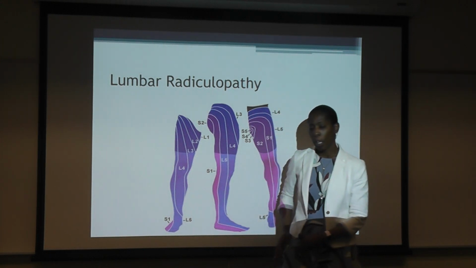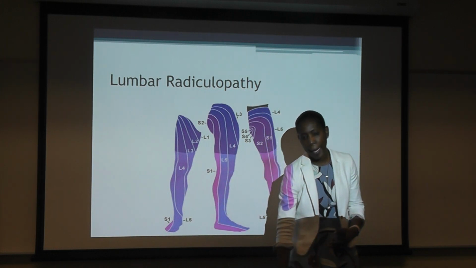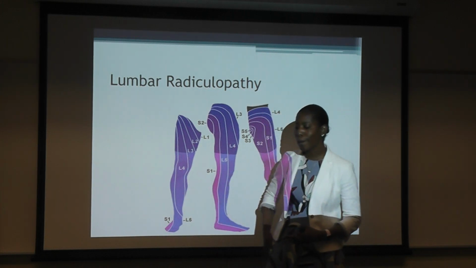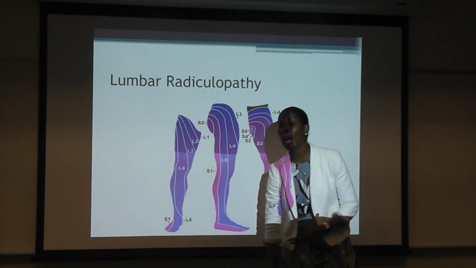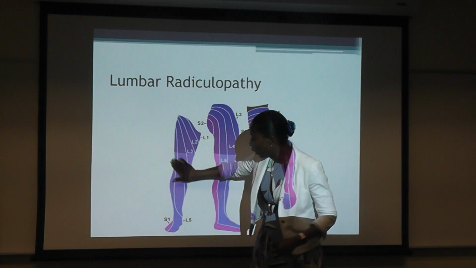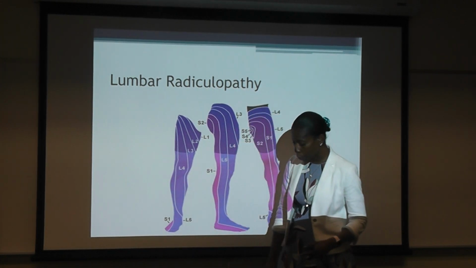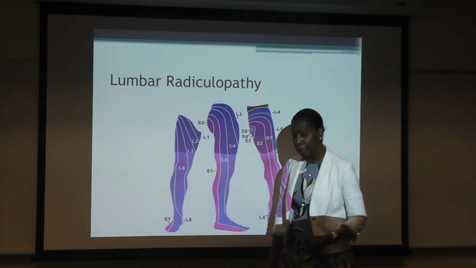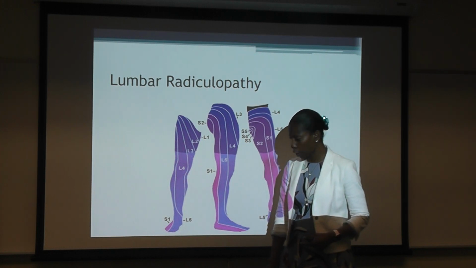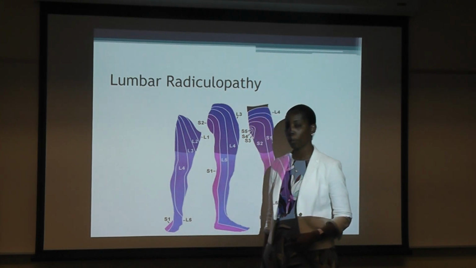L5, okay, it comes down lateral, so your pinky finger, lateral all the way down. And L5 goes laterally, and then it goes to the top of the foot. So a lot of times your extensor hallucis longus muscle, which actually innervates the big toe, is implicated with L5 nerve root compression.